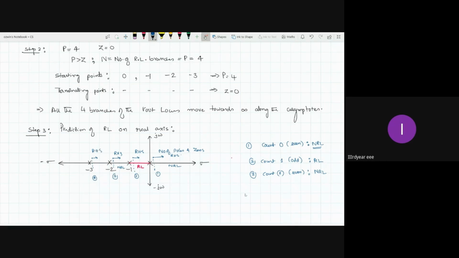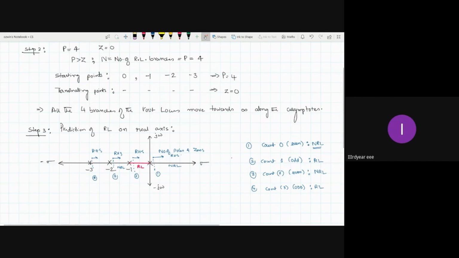Count how many poles and zeros are present on the right-hand side of section 4. 1, 2, and 3. So you will get a count of 3. 3 is odd. Hence you can say that there exists a root locus branch between section 3 and section 2.